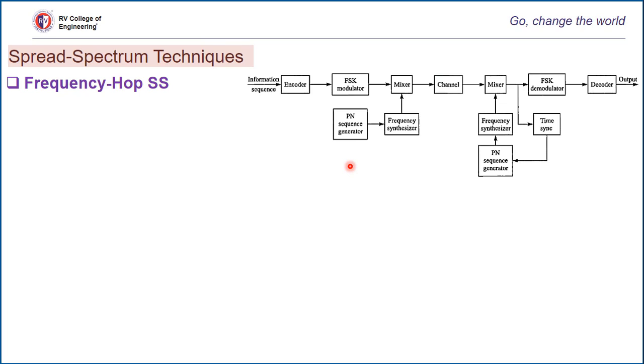An implication of these large FH bandwidths is that coherent detection is possible only within each hop, because frequency synthesizers are unable to maintain phase coherence over successive hops. Accordingly, most frequency hop spread spectrum communication systems use non-coherent M-array modulation schemes.